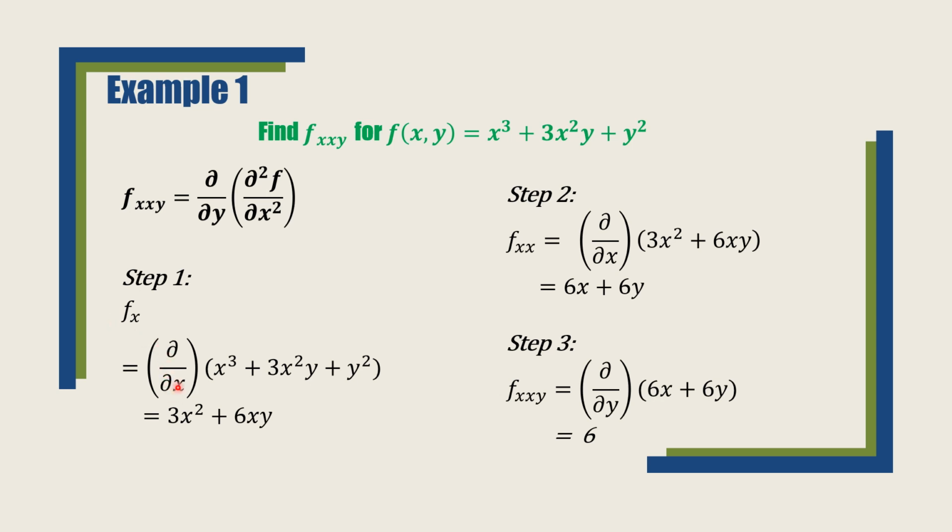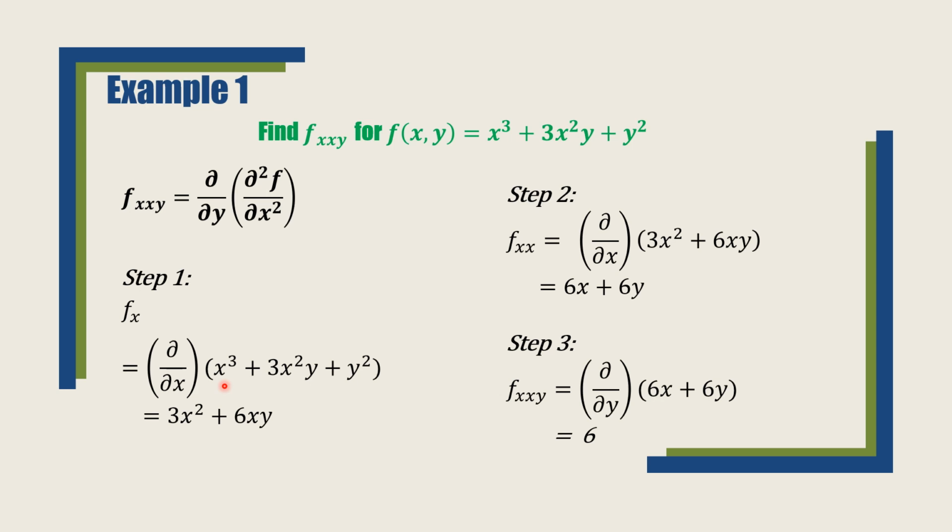And from the given, we have x cubed plus 3x squared y plus y squared. We have to derive all of the x in the given, and those remaining will remain constant.